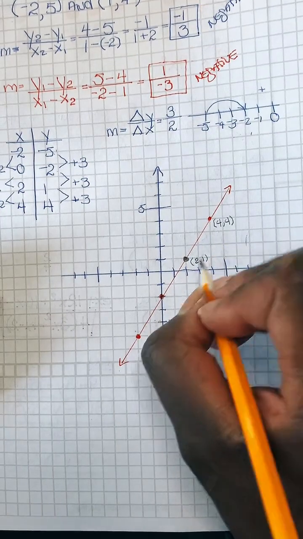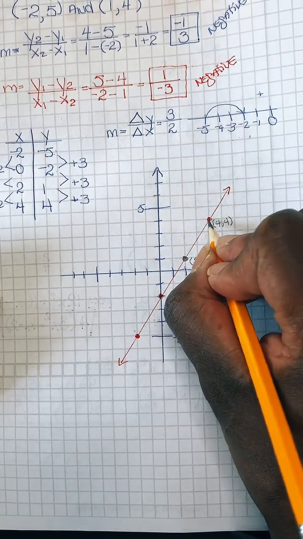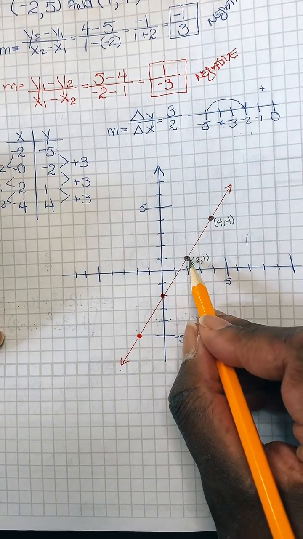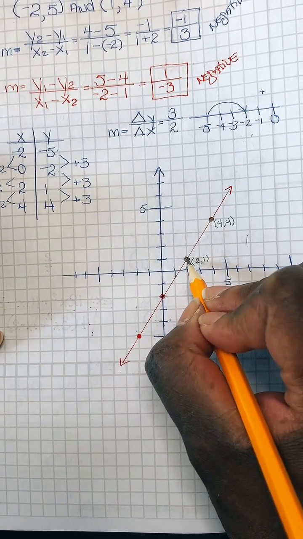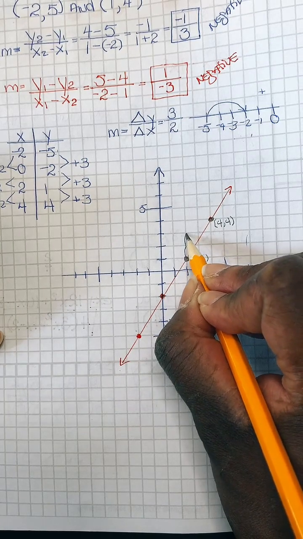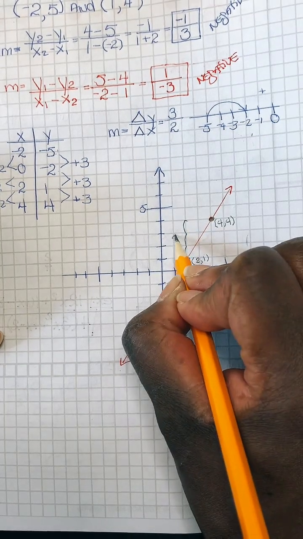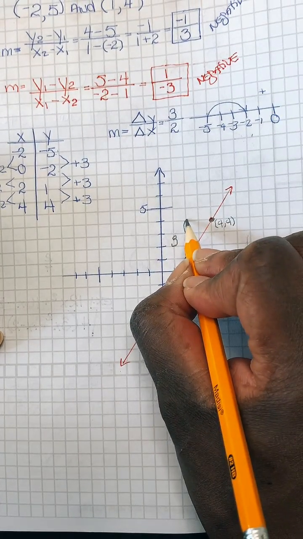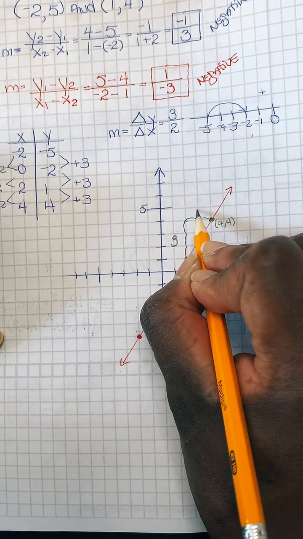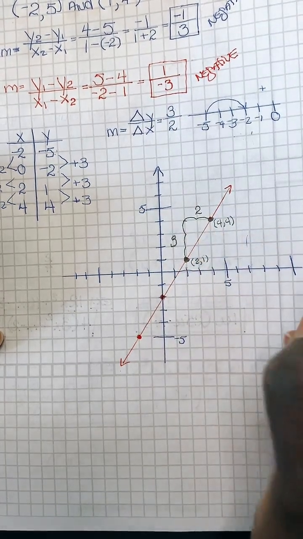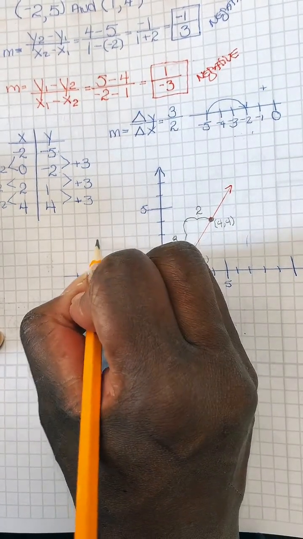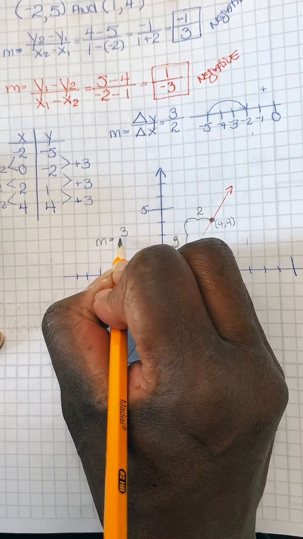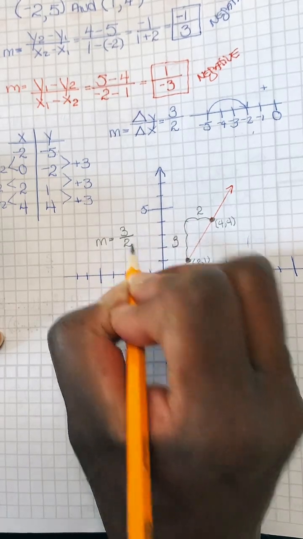How do I move from this point to this point? Remember, rise over run. If I start here, I go up 1, 2, 3. Since I went up 3, that's a positive 3. Then I go over 1, 2, so 2 to the right. So my slope is my rise, which is 3, over my run, which is 2.